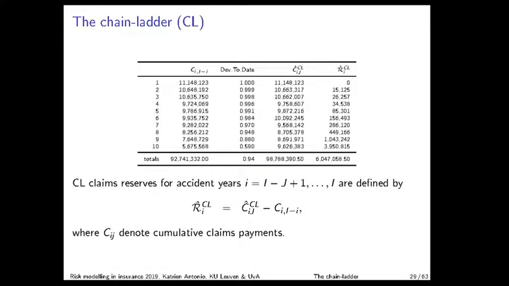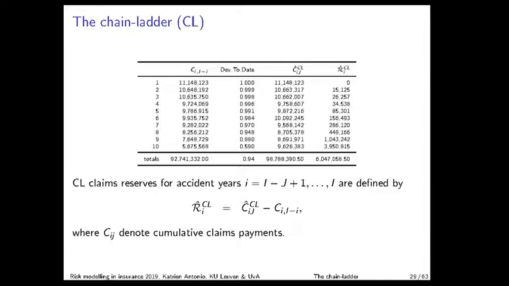Now, as a summary, the table printed here lists per occurrence period, and for the total summed over all occurrence periods, the following items. You have first the cumulative claim amount as observed on the most recent diagonal.